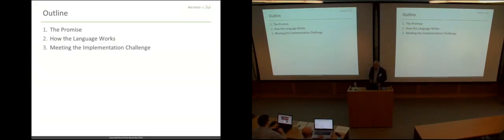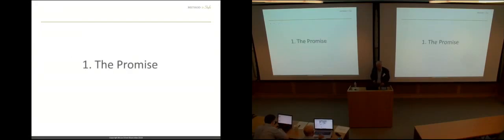And part three, meeting the implementation challenge, is going to discuss some of the issues, problems that 3 months ago, when I started putting this talk together, convinced me that there was no way that DMN would ever be able to succeed in this. And it'll conclude with some recent developments that now have me convinced that, yes, indeed, it will succeed. In fact, by the end of this year, we'll have multiple products out there that fully implement the standard. So quite a change in the last 3 months.